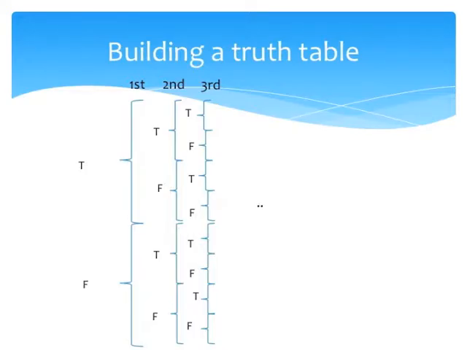Now, for the next one, the first quarter are going to receive true, the second quarter are going to receive false, the third quarter are going to receive true, and then the fourth quarter is going to be false. And then the same principle goes for the third column if there is one, right? 1/8 is going to be true, and then 1/8 is going to be false, right? Etc.